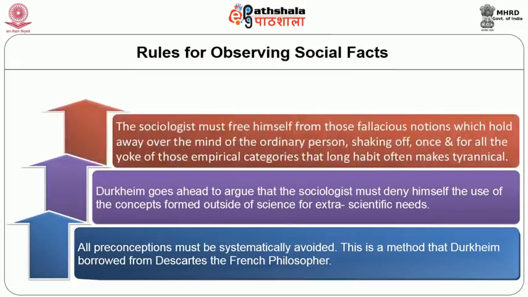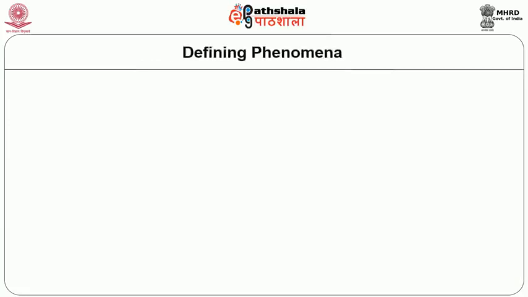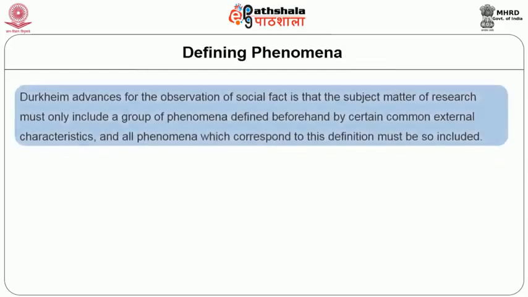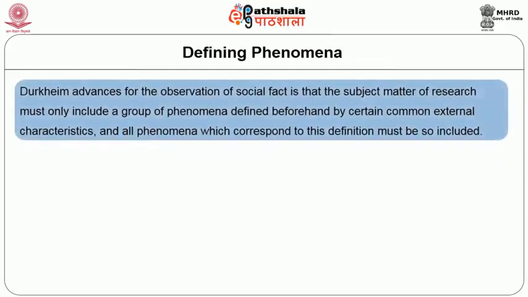The sociologist must free himself from the fallacious notions which hold sway over the mind of the ordinary person, shaking off once and for all the yoke of all those empirical categories that long habit often makes tyrannical.